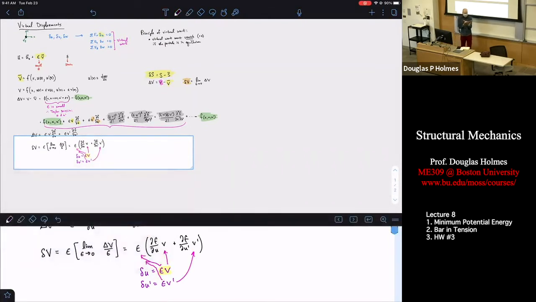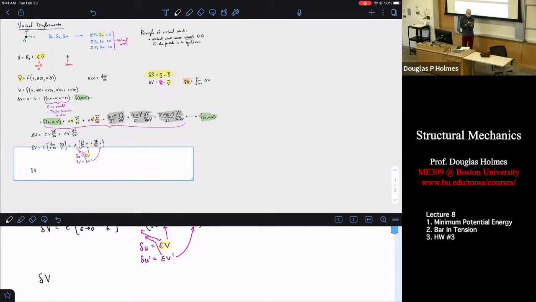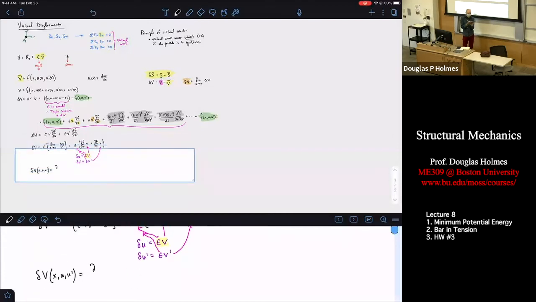We'll say that the first variation of V, which depends on X, U, and U prime, is equal to the first derivative of our total potential energy with respect to U times the virtual displacement in U, plus the first derivative of our total potential energy with respect to U prime times the virtual displacement in U prime.